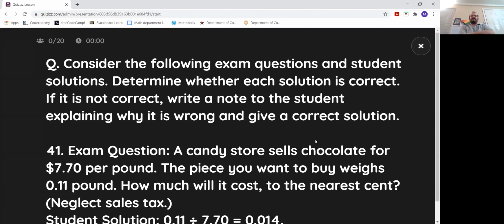So what is the student doing that is incorrect? What should they be doing with those two numbers? Should be multiplying the two. Yeah, it should be multiplying those two numbers. If you multiply those two numbers, what do you get?